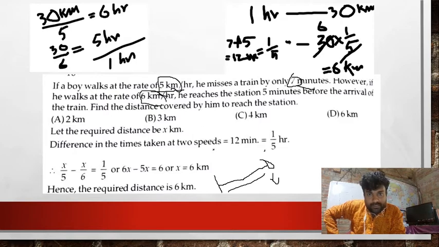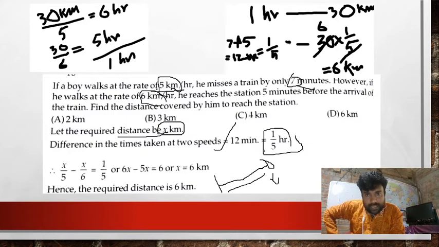So 7 minutes and 5 minutes, that means 12 minutes, 1 by 5 hour. And here the distance is x kilometer. At the speed of 5 kilometer per hour, the time taken is x by 5.